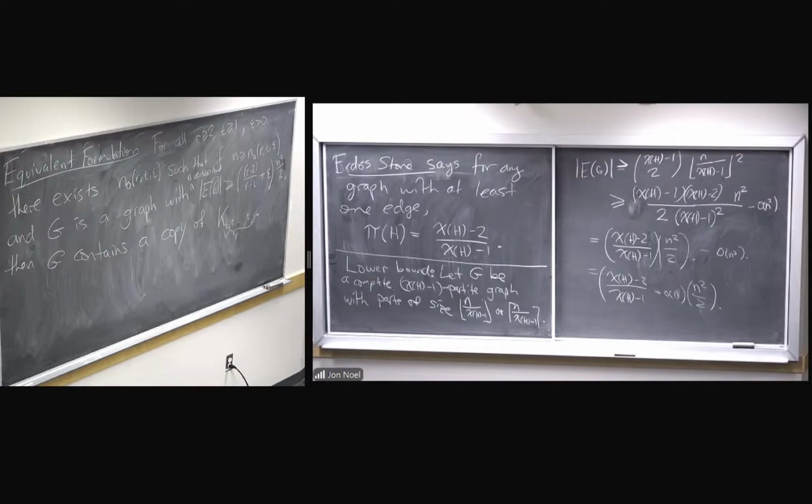Give you a second to write that down and digest it. So before we were talking about any graph H, and now I'm claiming all I care about, we only need to care about this type of graph, where we need to find copies of a complete r-partite graph.